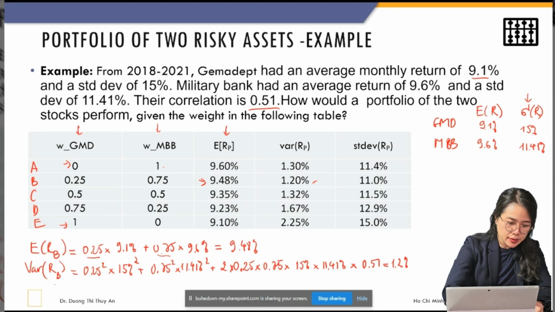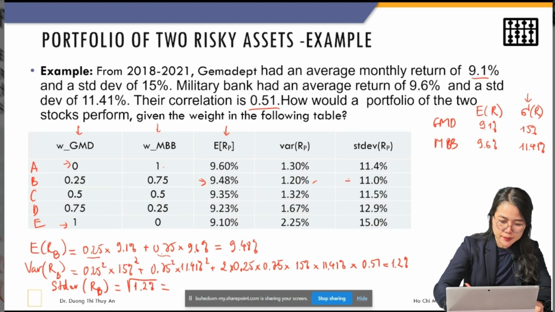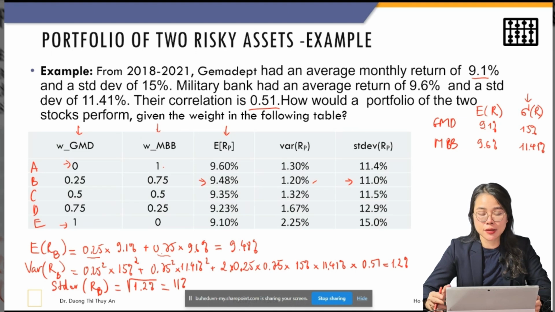Then I take the standard deviation of portfolio B, that is the square root of 1.2%, and I get this number, 11%. So please do the same for the other portfolios A, C, D, E.